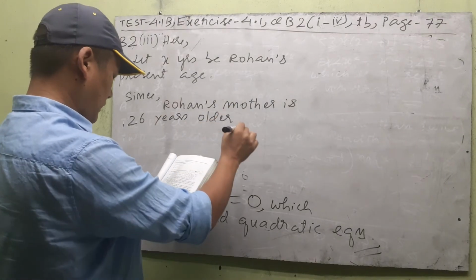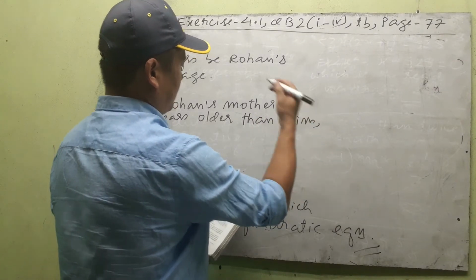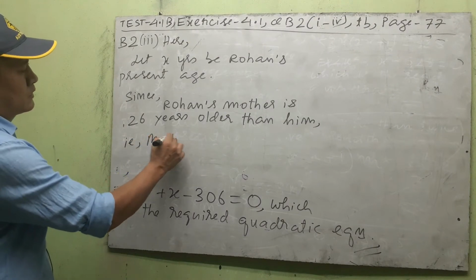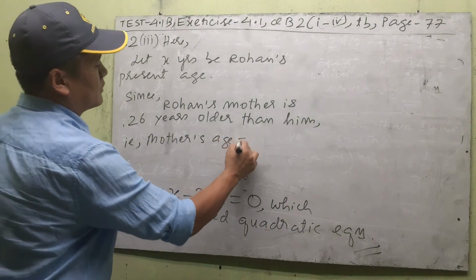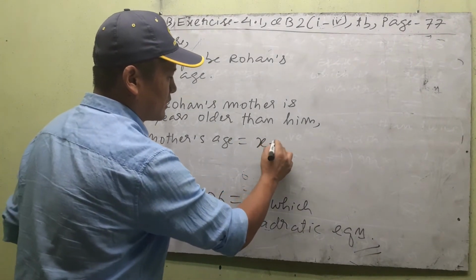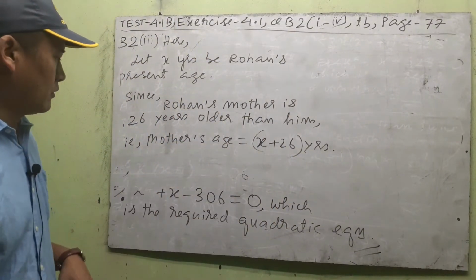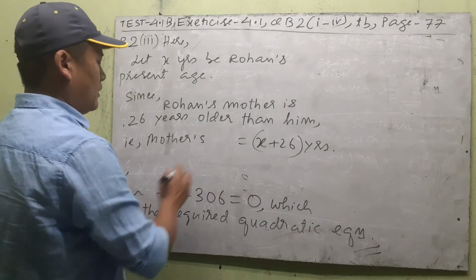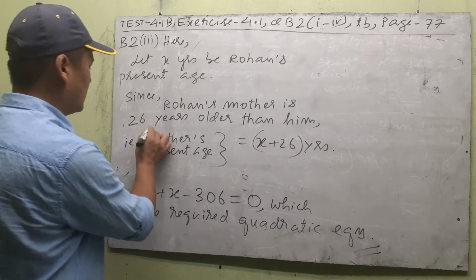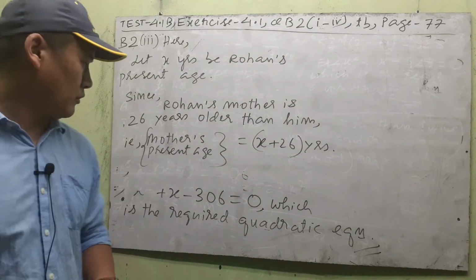There is a gap of 26 years. So what does this mean? In other words, Rohan's mother's age: Rohan is now x, and the mother is 26 years older, so plus 26. So this is the present age of Rohan's mother. The present age of Rohan is x, so the mother's present age will be x plus 26, because the question is clearly saying the mother is 26 years older.